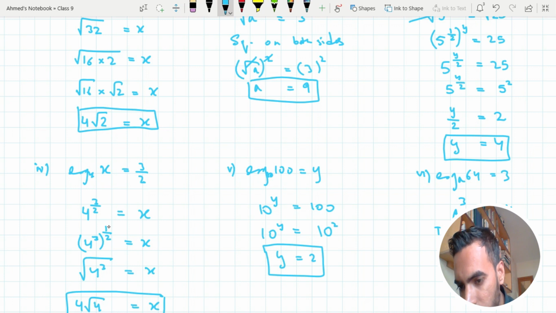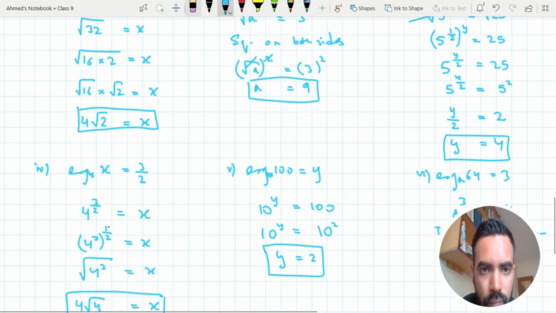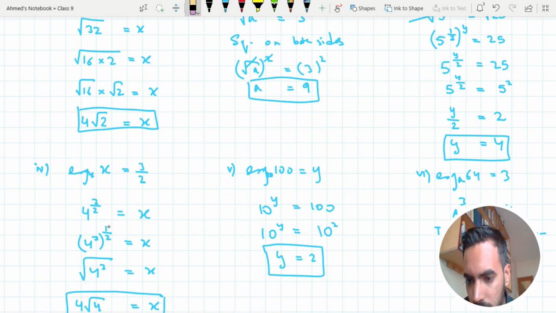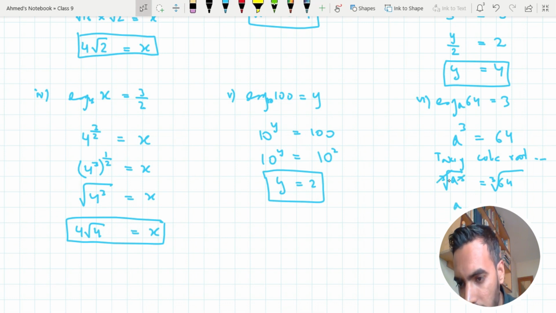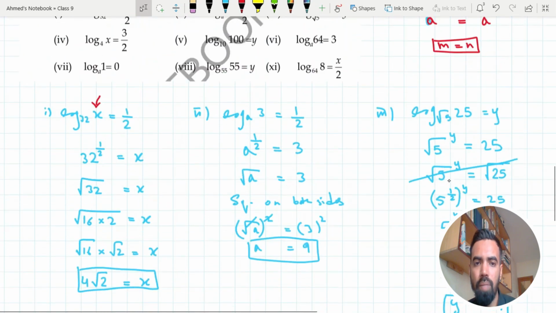Taking cube root on both sides. This cube root cancels, this is a, and the cube root of 64 is 4, because if you multiply 4 three times your answer is 64.